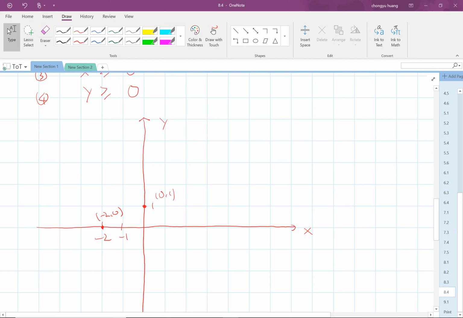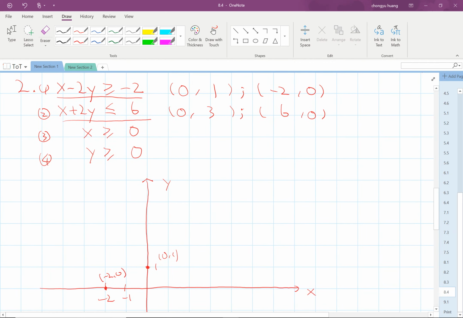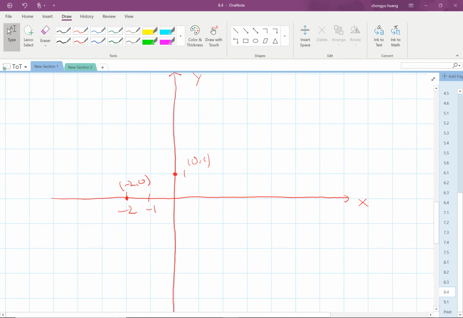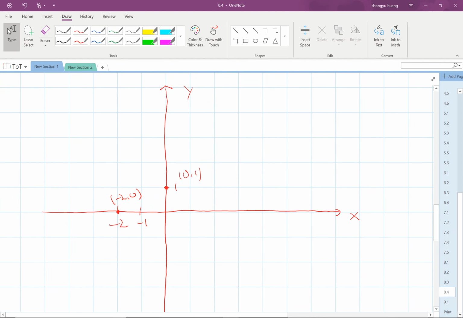You can see equation 1 is bigger than or equal to, which means we have to include those intercepts, so we have to draw a solid line. Let me zoom in a little bit and draw it somehow like this.